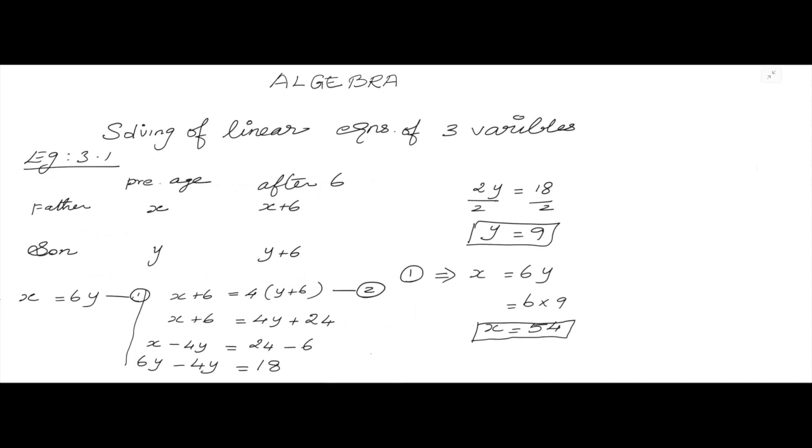The present age of the son is y and x is the father. So you can write: father's present age is 54 years and the son's present age is 9 years. Right? Yes, move on to the next one.